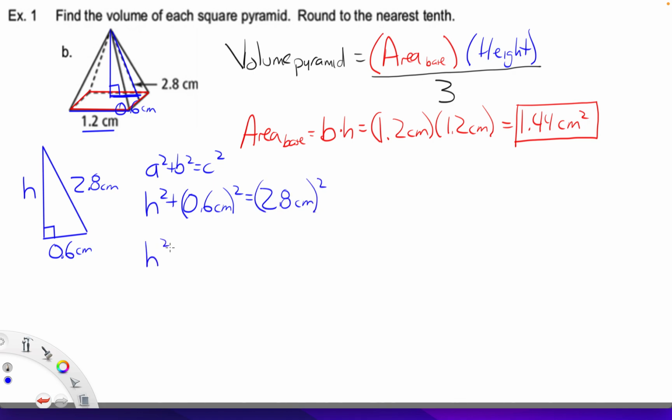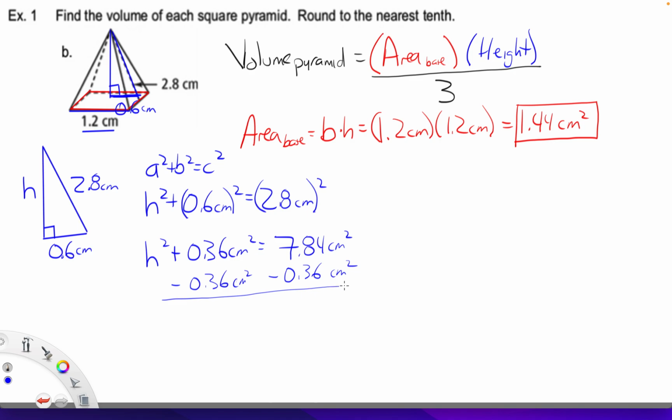So h squared plus 0.36 square centimeters is going to equal 2.8 squared, which is 7.84 square centimeters. If I subtract 0.36 from both sides, and subtract those, this cancels.